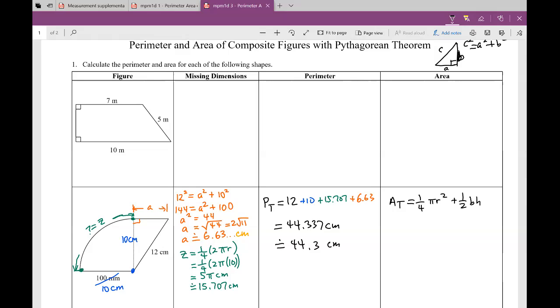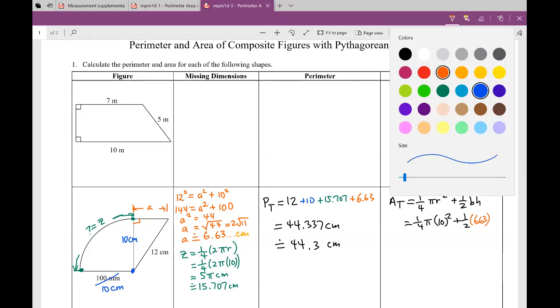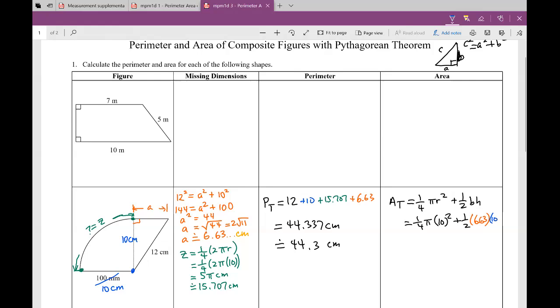Hopefully that's okay that a lot of you know what I'm doing. Quarter pi 10 squared plus a half. What's the base? We're going to use the A value as our base. So that's that 6.63. And what's the height? We're going to use that radius of 10.